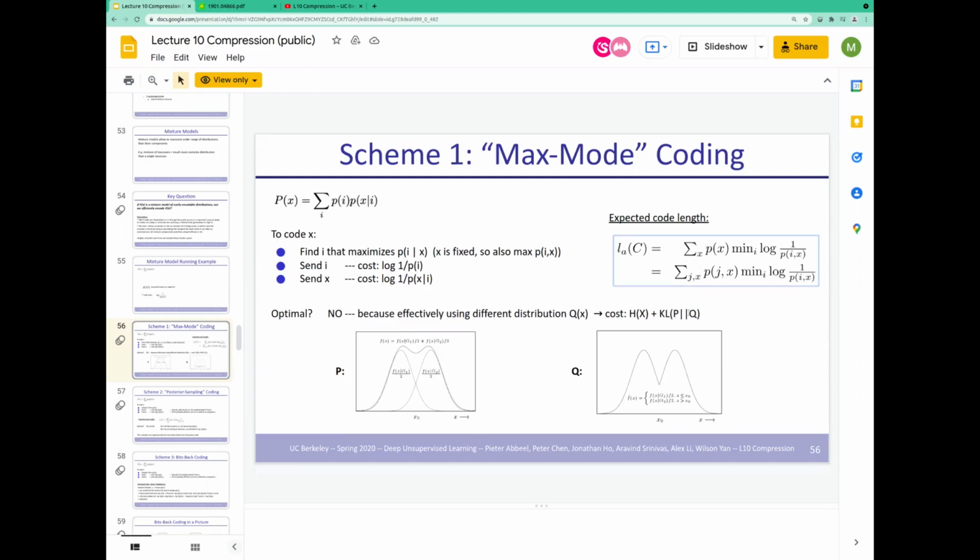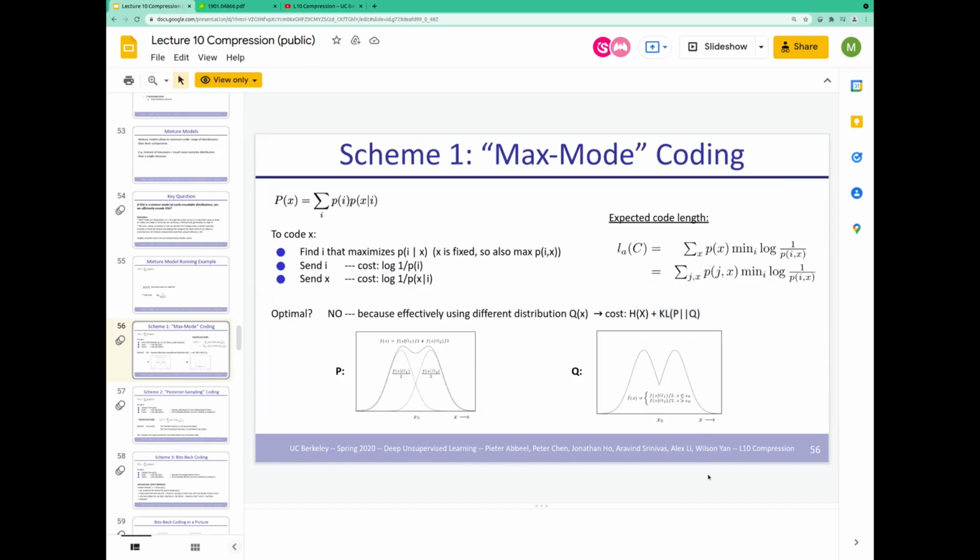And so the cost is the entropy plus the KL divergence. Especially around here, there will be some KL divergence because we're using this to encode this value of x, but the actual probability is much higher up here.